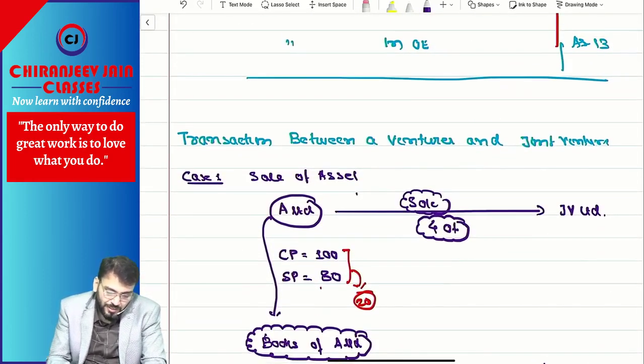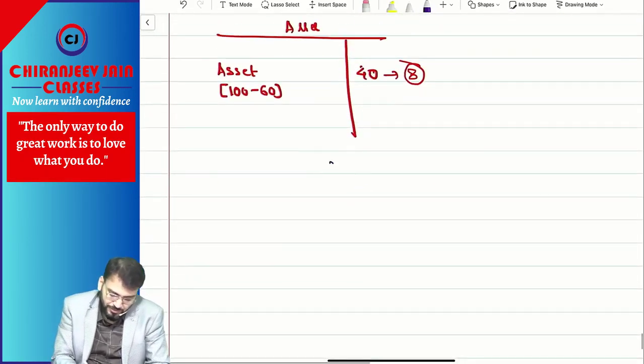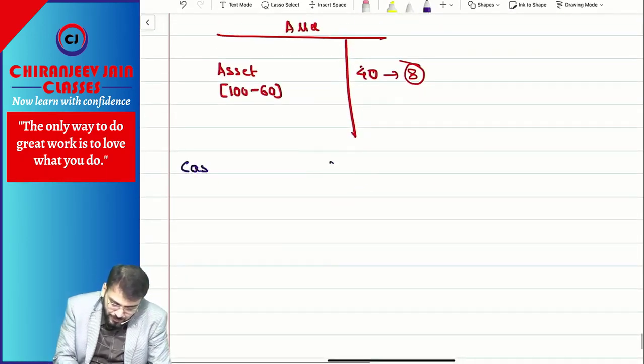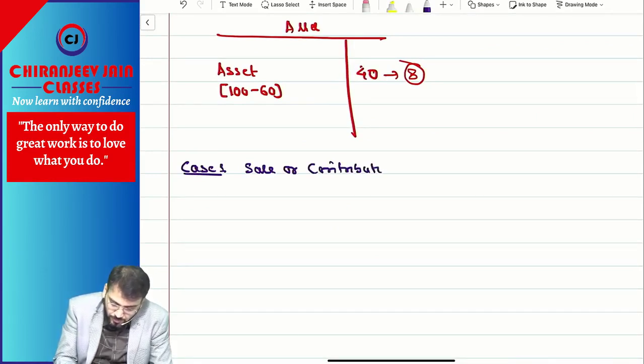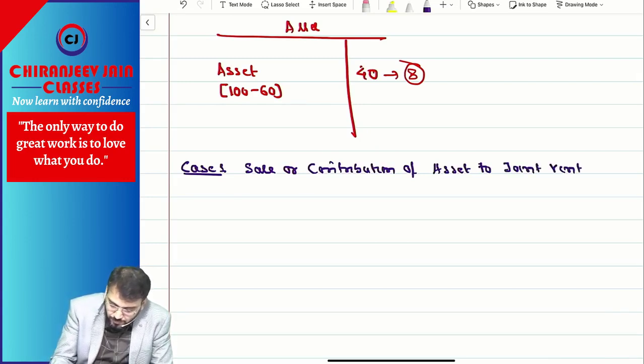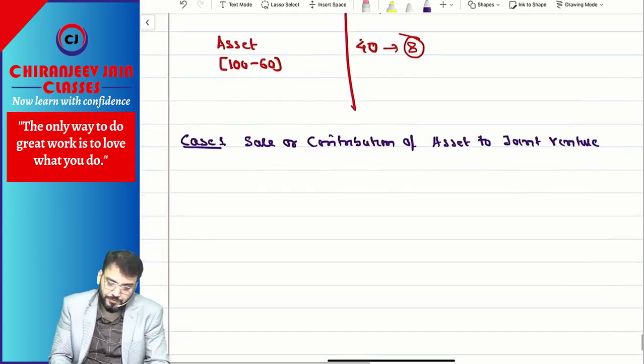Topic is what? Sale or contribution of asset to joint venture. Write down the case number properly. Example you have written, na? Correct.